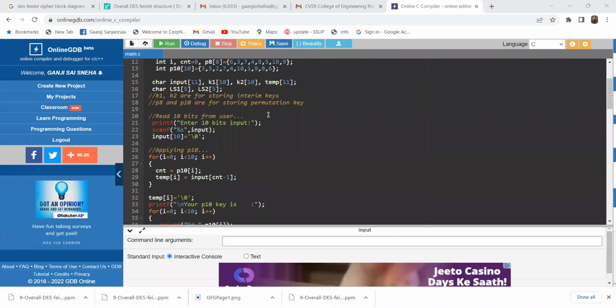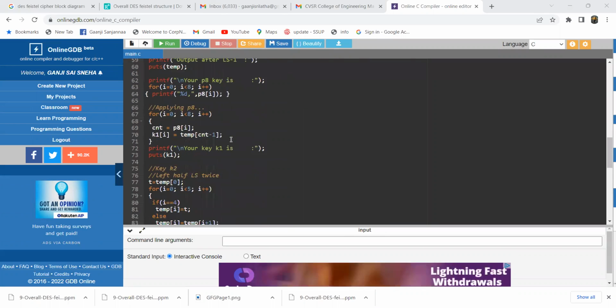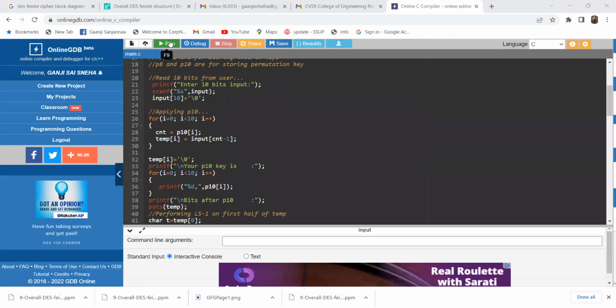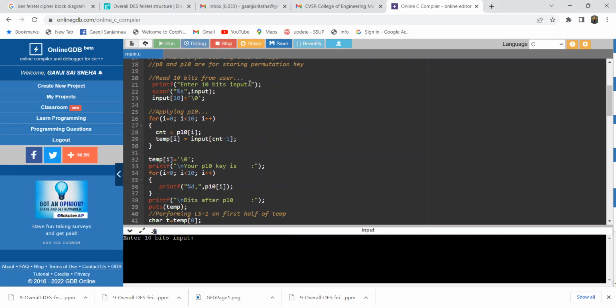Now we will verify with the execution part of the code. This is the one which I have explained before, and we will just run it. And we will give the input which we have given, that is 11000000.